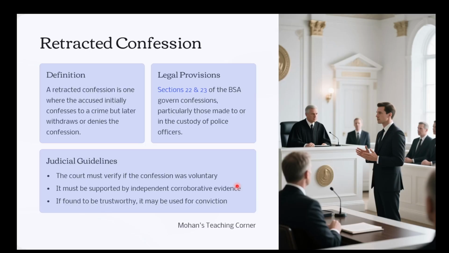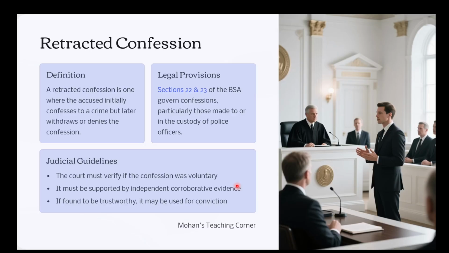The legal provisions for this retracted confession: sections 22 and 23 of the BSA, that is Bharatiya Sakshya Adhiniyam, govern confessions, particularly those made to or in the custody of police officers. What are the judicial guidelines for the retracted confession?